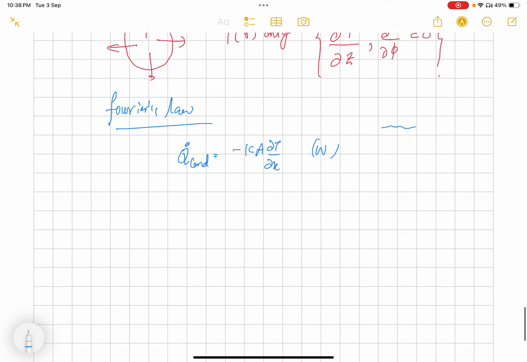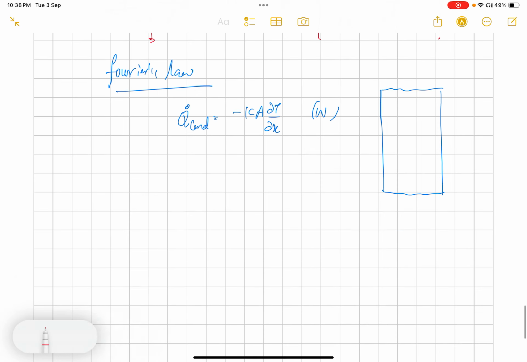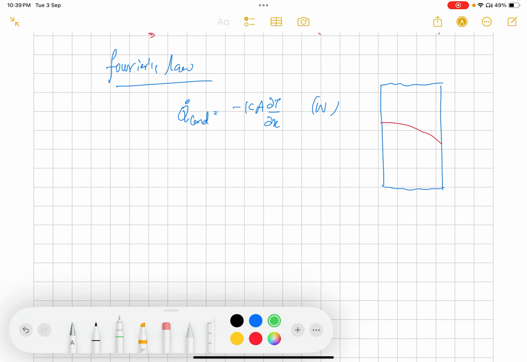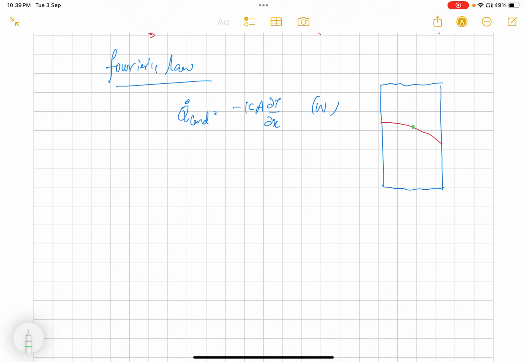So let's say this is the body, and this is the variation of temperature. So if we want to calculate the heat flux, heat transfer at any point in the body, then we need the slope at that particular location.